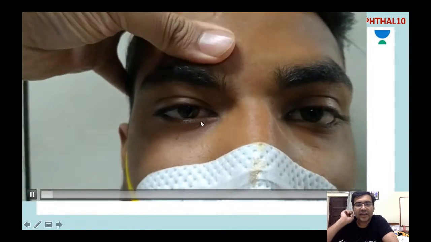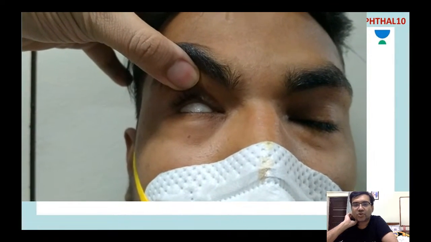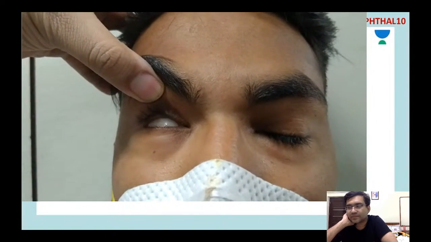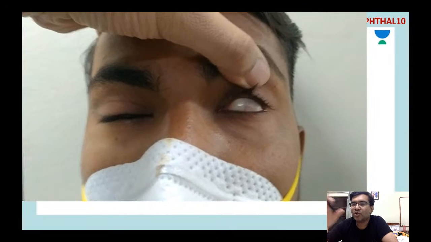Okay, so here I am checking the action of one of the muscles. Sorry, this is a phenomenon which I am basically checking. What is this phenomenon called? The eye is going up and out.